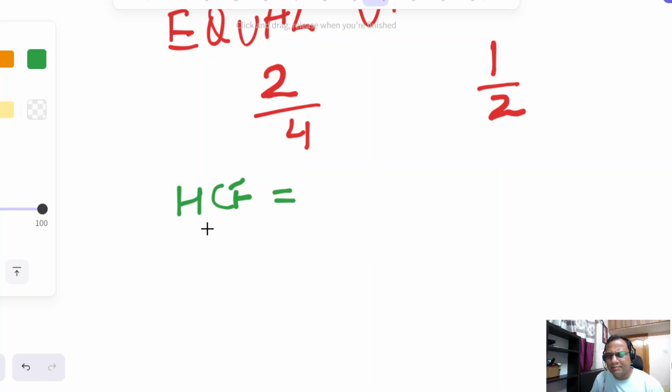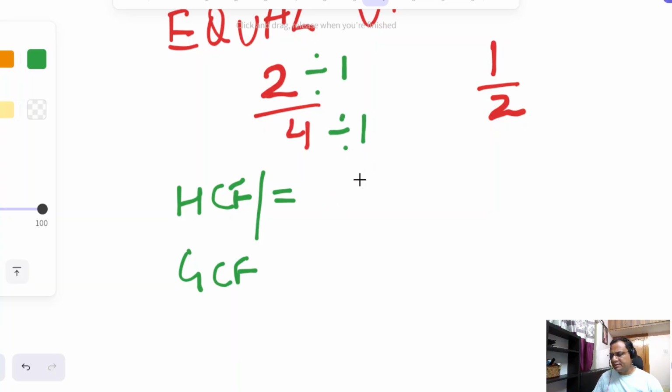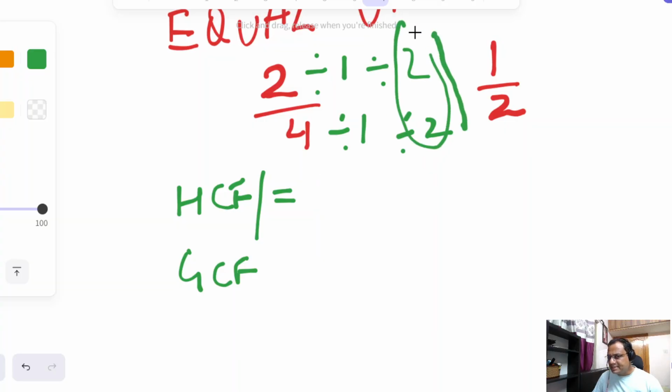Some books also refer to it as GCF, the greatest common factor or the highest common factor, the one which divides both of them. Even 1 divides. Is there any other number? 2 divides both of them. Is there any other number? No. 2 is the highest number which divides both of them. So that's the highest common factor.